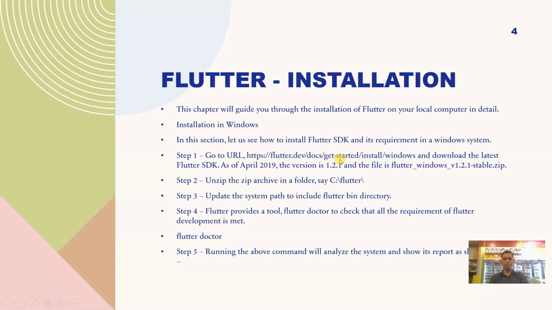Go to the URL https://flutter.dev/docs/get-started/install/windows and download the latest Flutter SDK. As of April 2019, the version is 1.2.1 and the file is flutter_windows_v1.2.1-stable.zip.